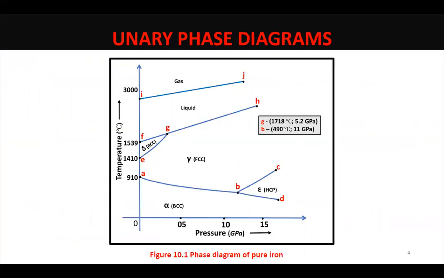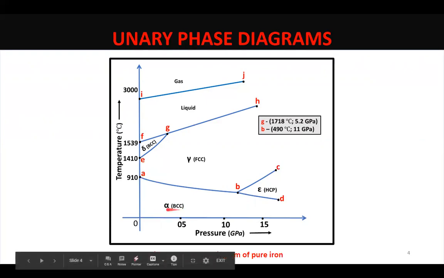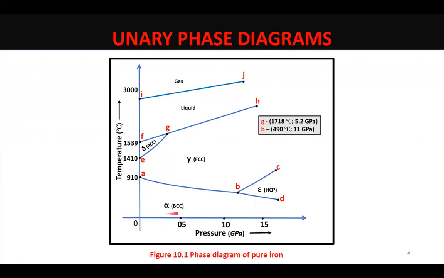So here we see a unary phase diagram for one of the most important elements that we make use of in the industry, that's iron. You can see that in this unary phase diagram there are a few single phase regions. Here we have alpha phase present in iron, so this iron is called alpha iron, or the phase is called alpha phase.